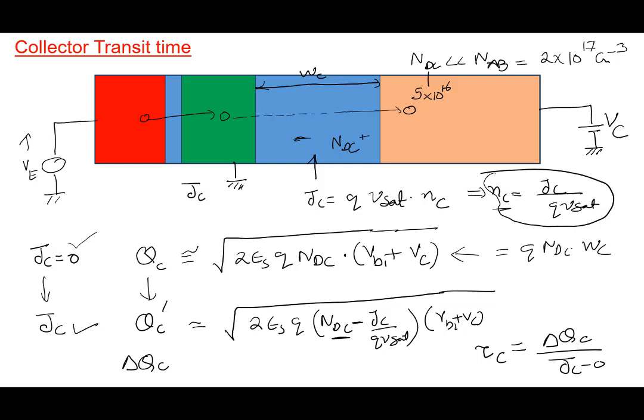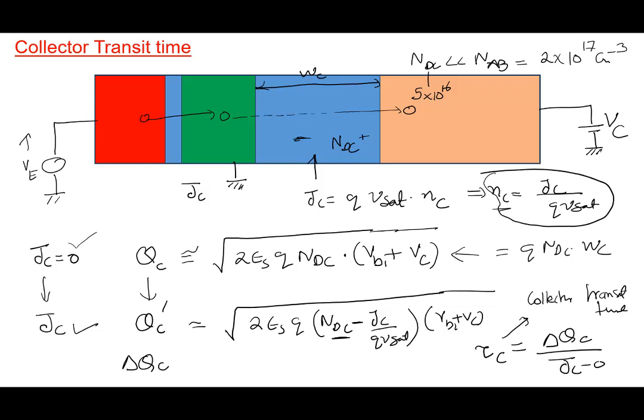We call this the delay associated with electrons moving across the depletion region, and therefore the collector transit time. As electrons go through the collector depletion region, there is a certain amount of charge. All our estimates of delay are derived by looking at how much charge I have to add and what current is available.